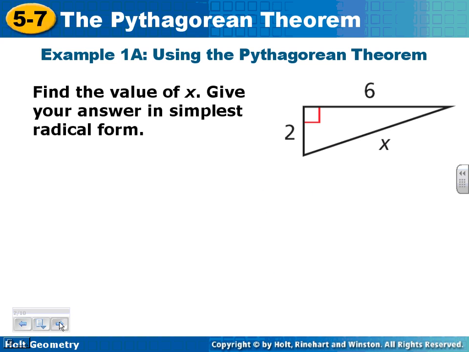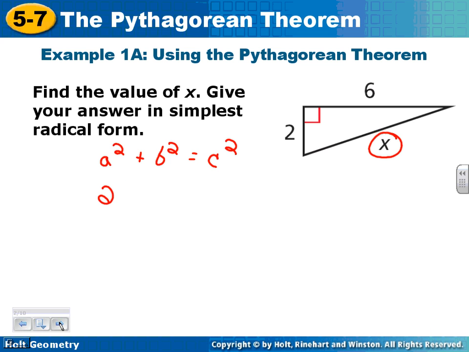Well, this first example, next slide, slide 2, find the value of x. Well, I'm going to circle the longest side. It's that one. So A squared plus B squared equals C squared. The A and the B don't matter which one's which.